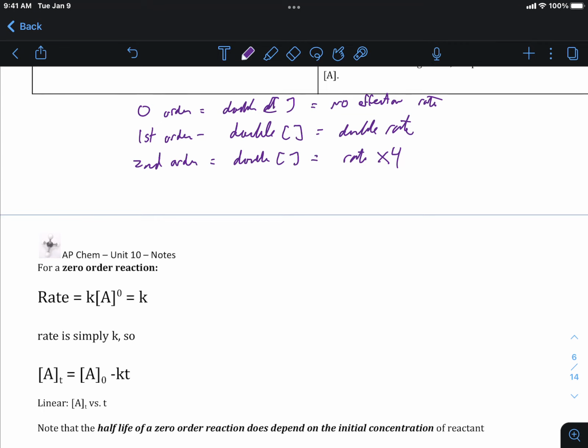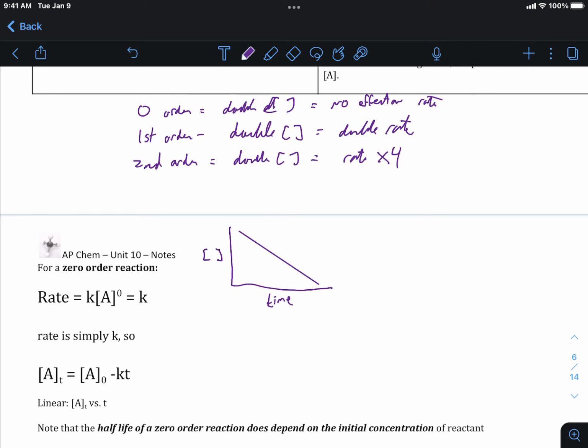And as such, a plot of concentration versus time, if the concentration plotted versus time is linear, that is evidence of zero order, right?